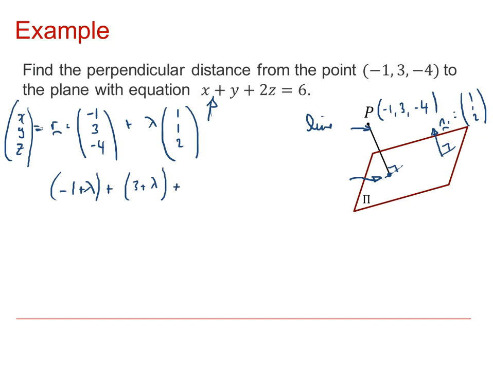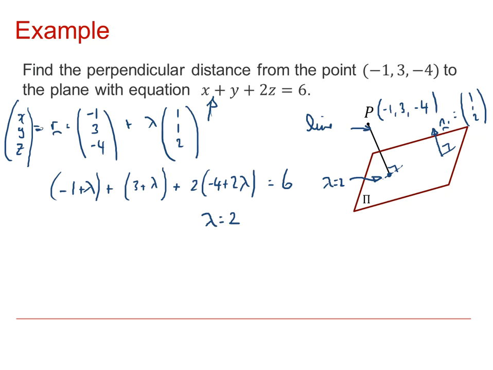So we've got 2 times that -4 plus 2 lambda, and that's got to be equal to 6. If you rearrange that, you can quite easily see that lambda must be equal to 2.